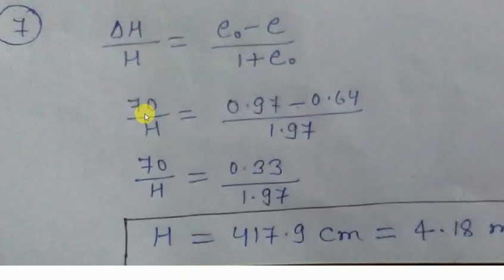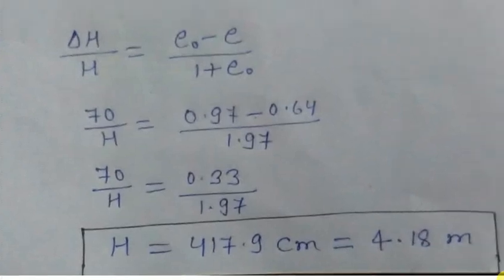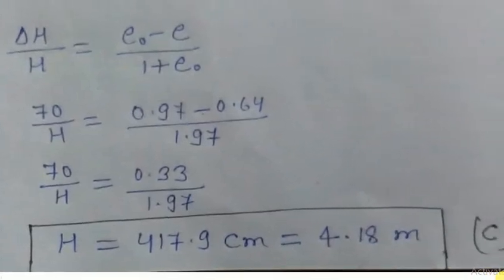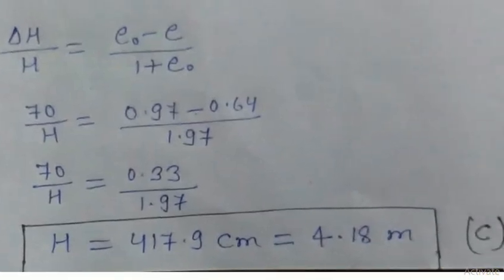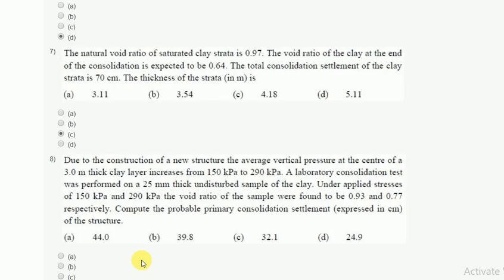Delta H is given in the question and we have to find H. Put all the values in this equation and we get H equal to 4.18 meter. That means option C will be the correct answer. You can go with option C.